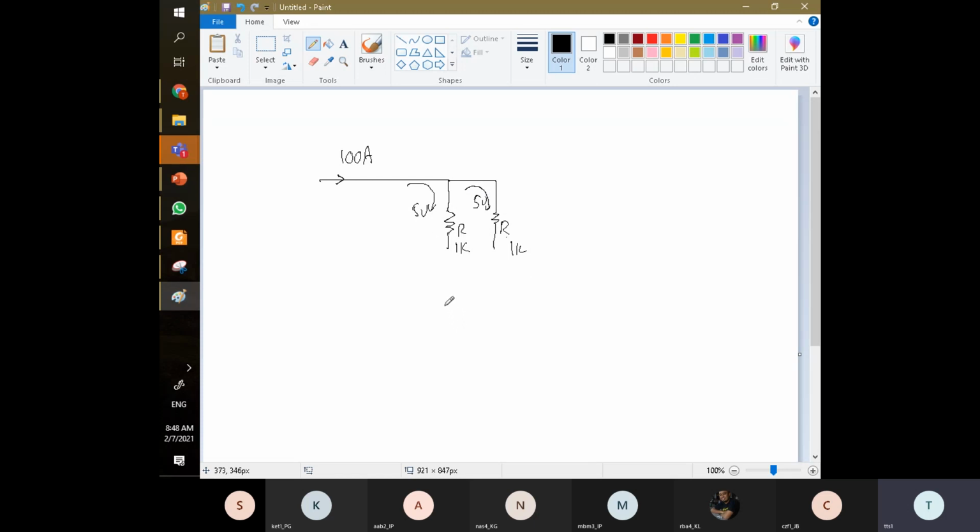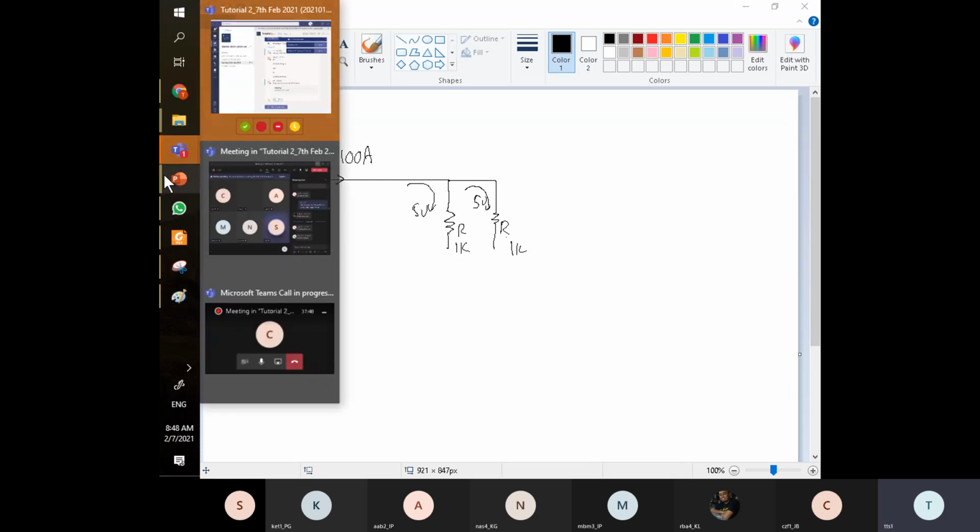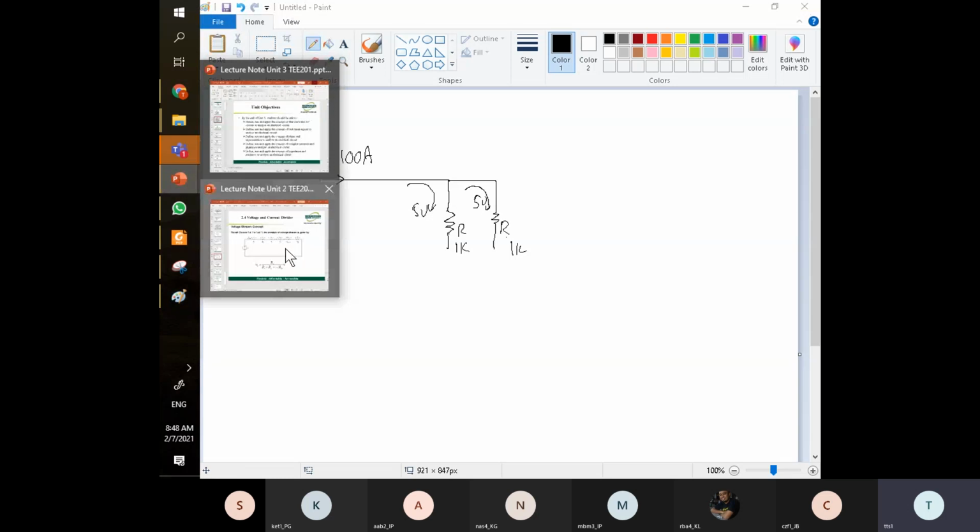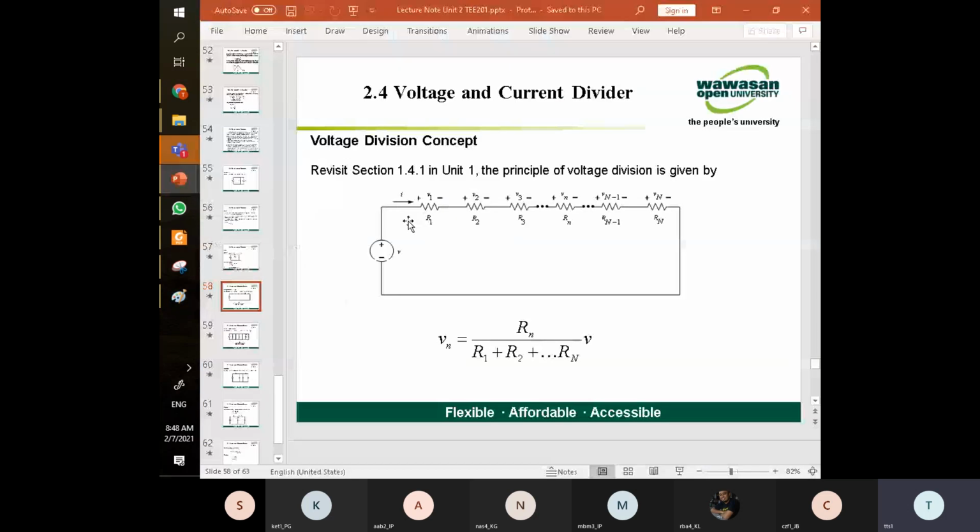When you look at the difference between the voltage and current divider, the voltage divider uses all resistors in series. Just now my example used only 2 resistors, but you can use many resistors to divide the voltage.